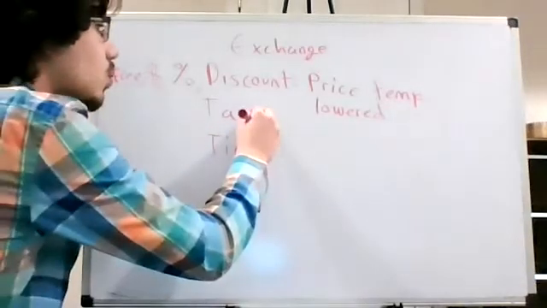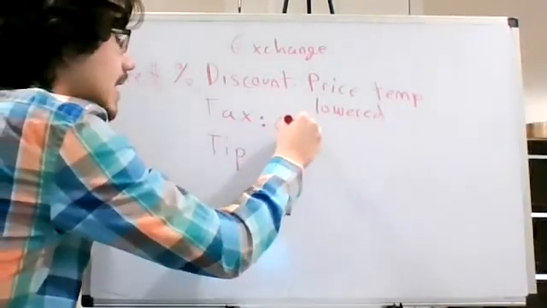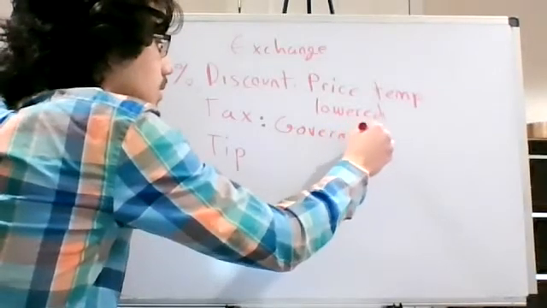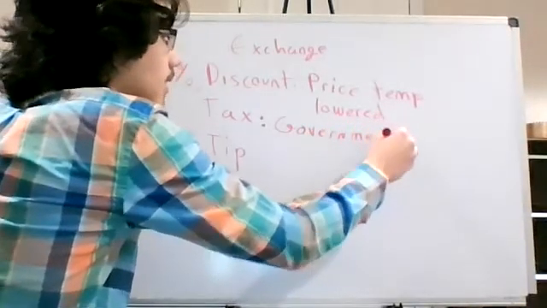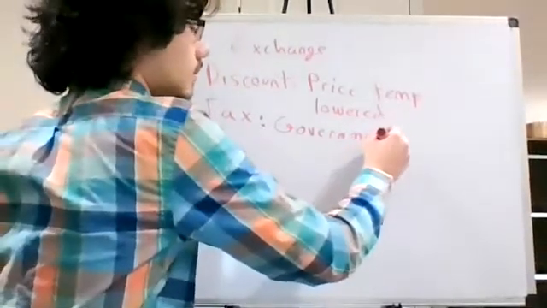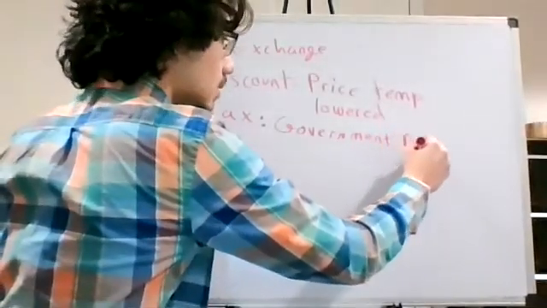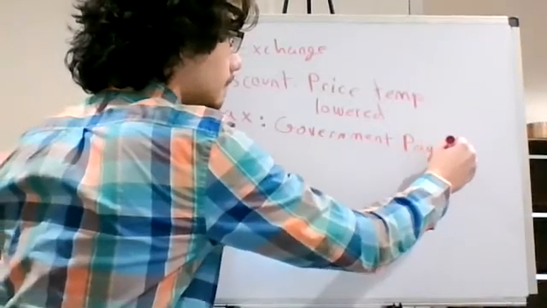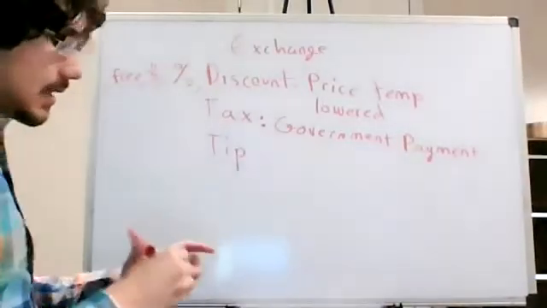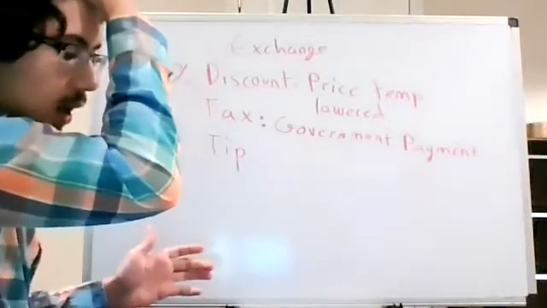A tax is when the government takes money from you when you buy something. So government payment. Now, tax varies a lot depending on wherever you are, whichever country.